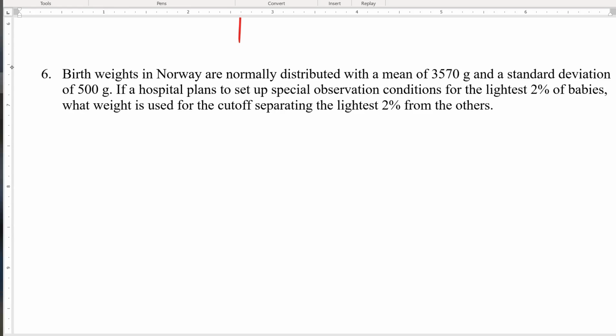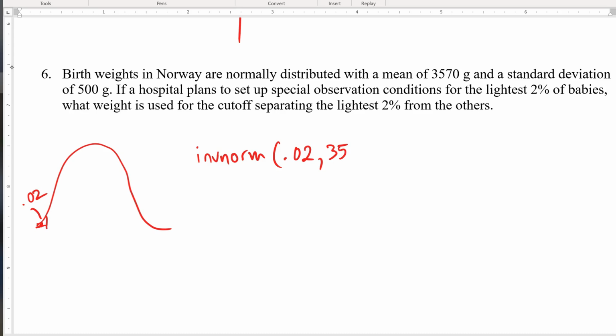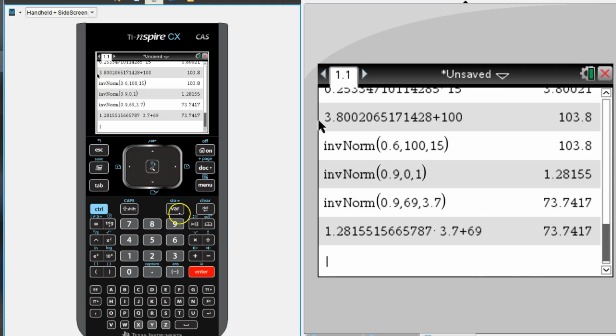The lightest 2% is going to be this bottom 2%. So how would I do that? My percentage to the left, my mean, my standard deviation. Inverse norm.